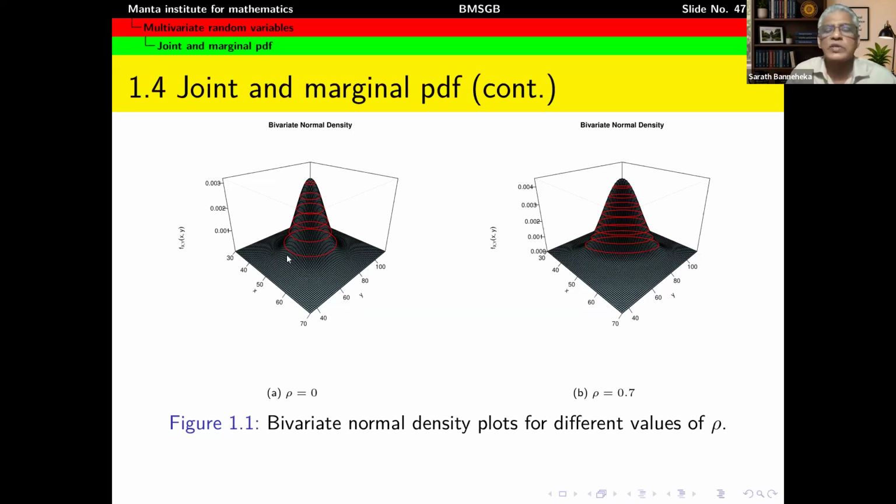When rho is equal to 0, the joint density function, the bivariate normal density function, is equal to the product of two individual normal densities. But here it's not like that. Rho is included and therefore it's not a product of two things. It's a different density function and it has this shape and these other contours.